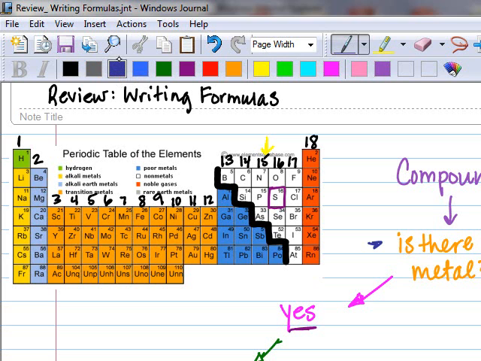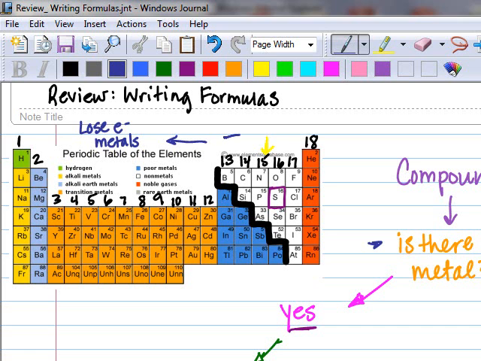Remember that anything to the left of the stairs are the metals, and recall that metals are going to lose electrons to form ions. In fact, they're going to lose all of their valence electrons. So by knowing how many valence electrons they have, we'll know the charge, because the charge is going to be positive since they lost electrons, and the number that follows the positive sign tells us how many electrons it lost.